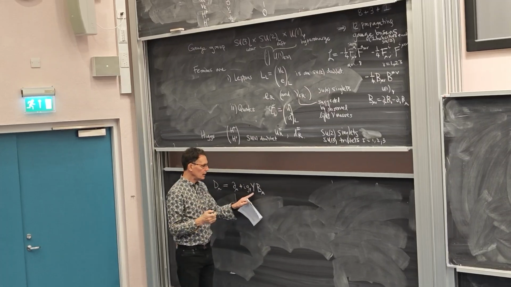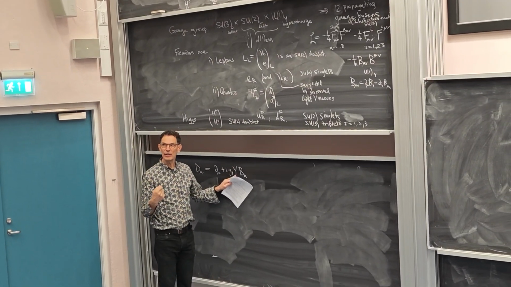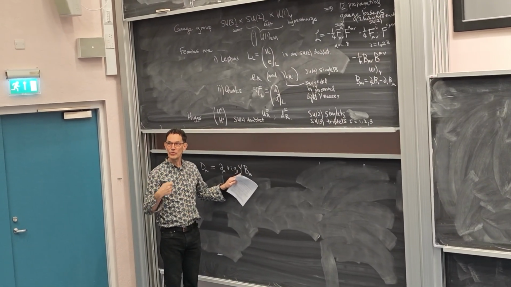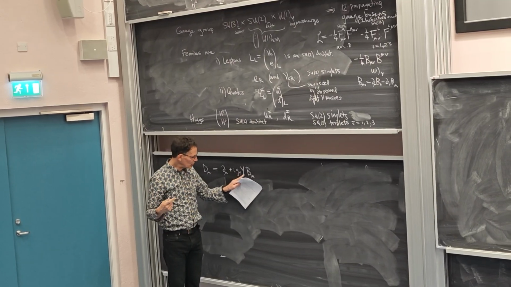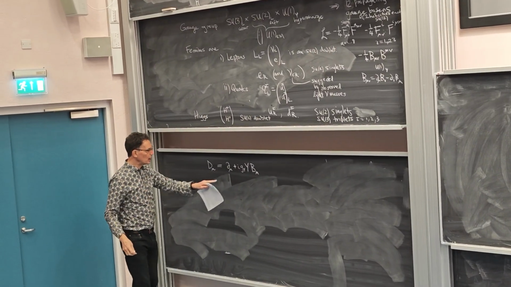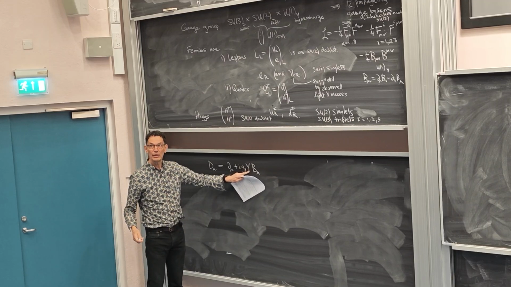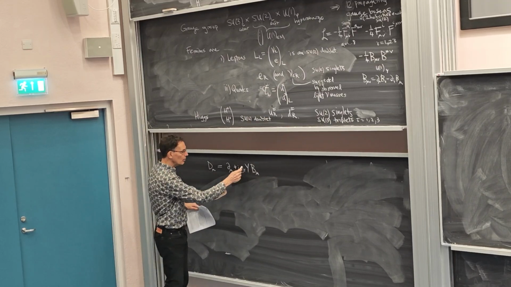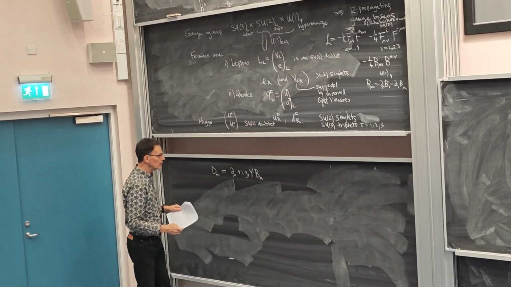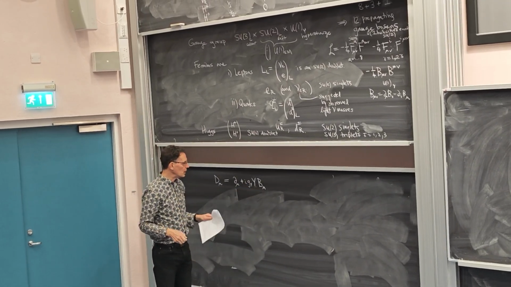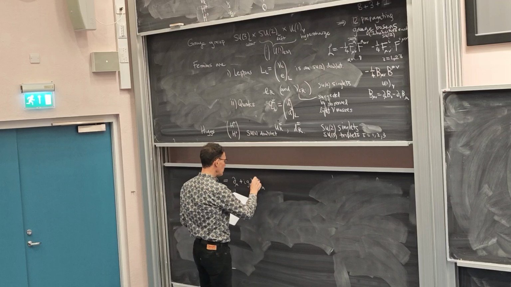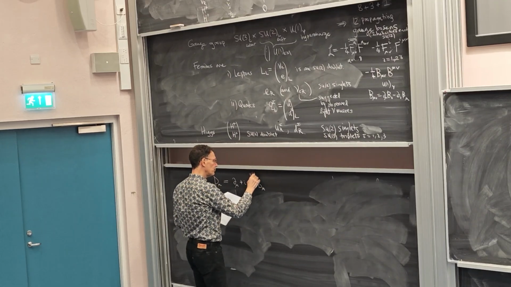This number Y is the generator of hypercharge transformations. Okay, so it's just a number, it's a U1 gauge symmetry, but every particle can have a different number here. So this combination measures the charge of each particular particle. So that's the U1 part.